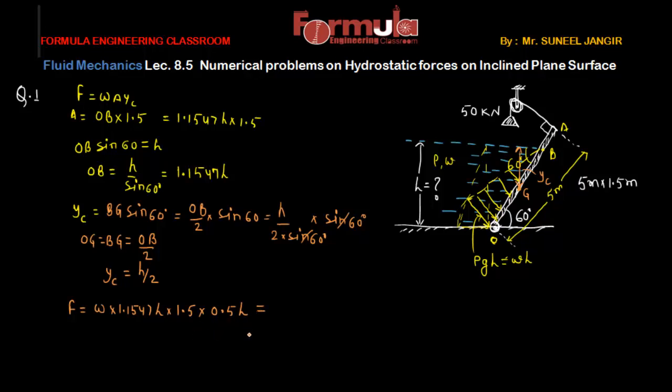I am writing this value in terms of W and H. This value becomes 0.866 W H square. So here I am providing the value of F in terms of W and H square.